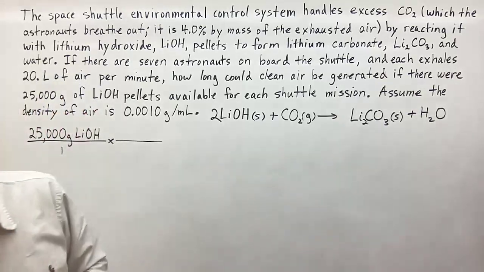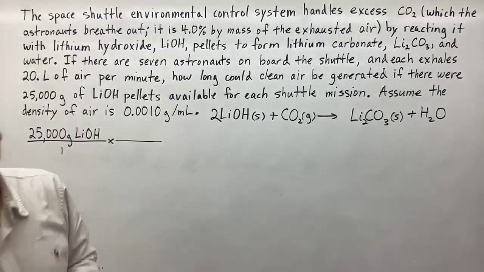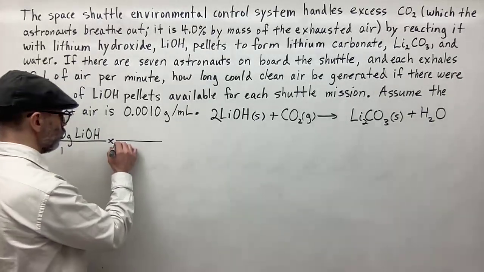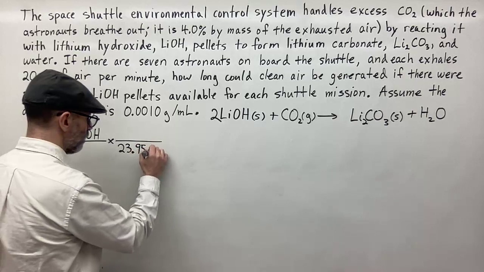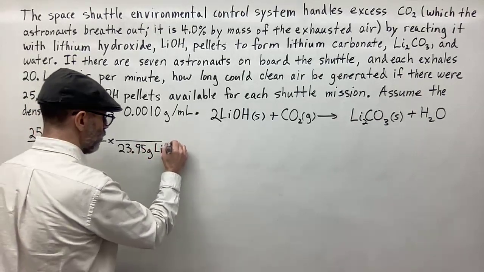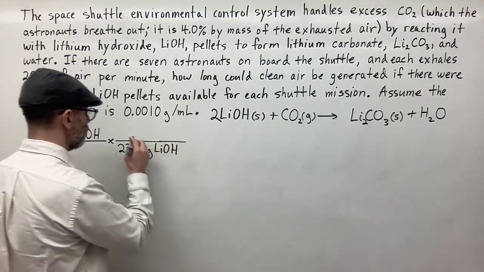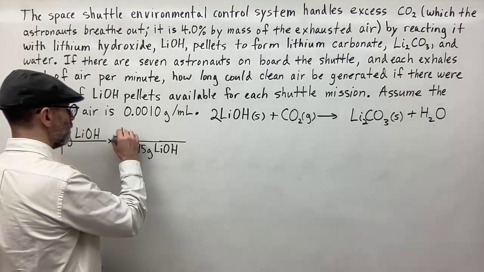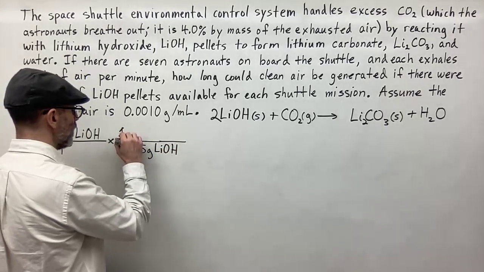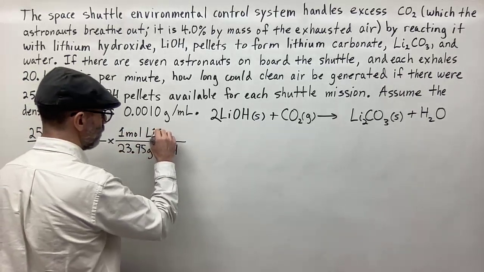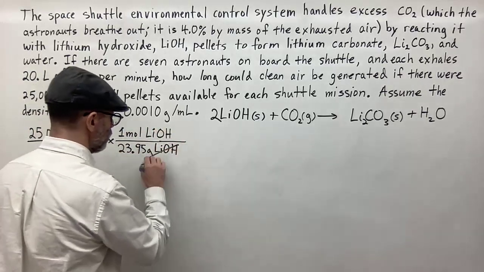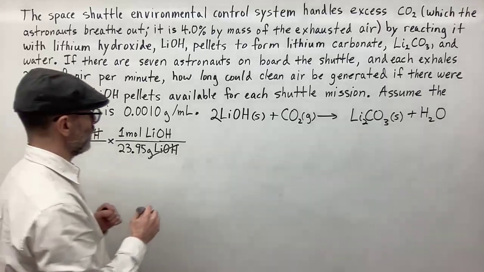And the molar mass is 23.95. So 23.95 grams of the lithium hydroxide goes on the bottom. And then on the top, I have 1 mole of the lithium hydroxide. So grams of the lithium hydroxide cancel out.